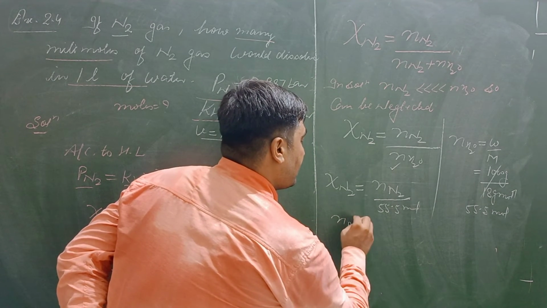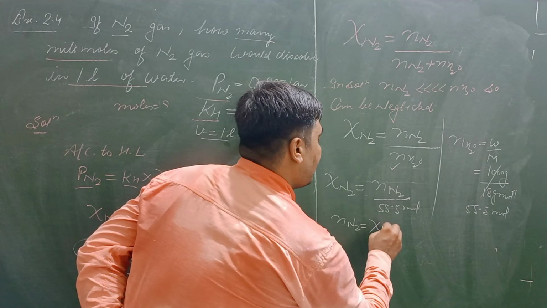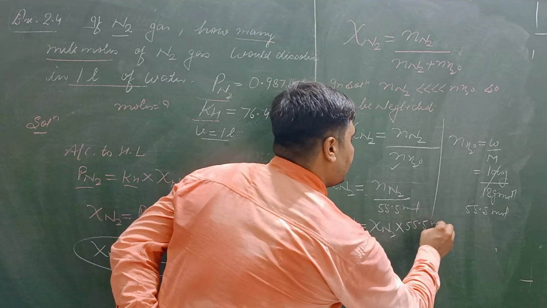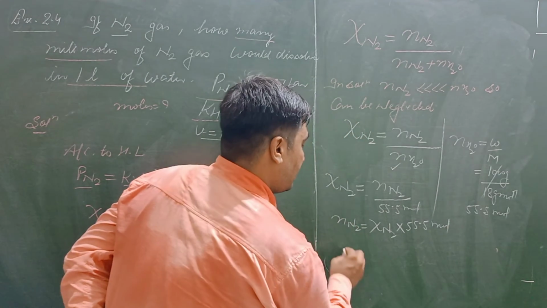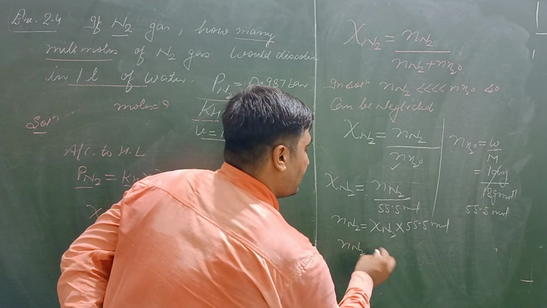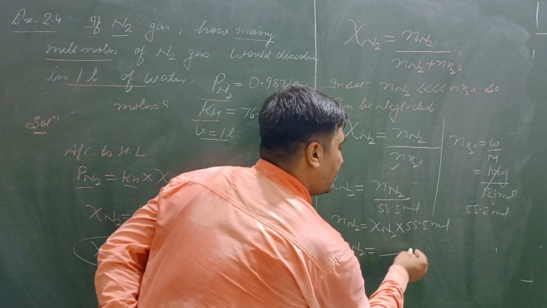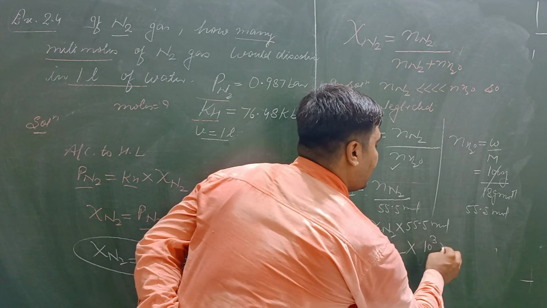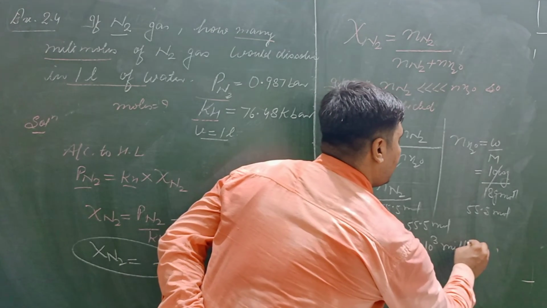Number of moles of nitrogen will be equal to mole fraction of nitrogen into 55.5. Number of moles of nitrogen will be this value multiplied by 10 raised to the power 3, so we get it converted into millimoles.